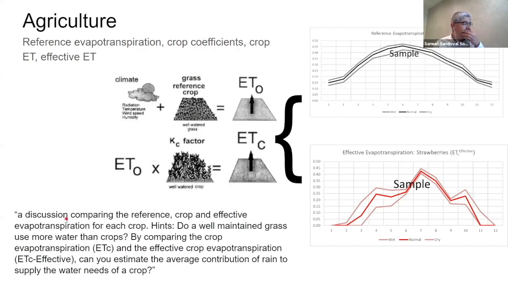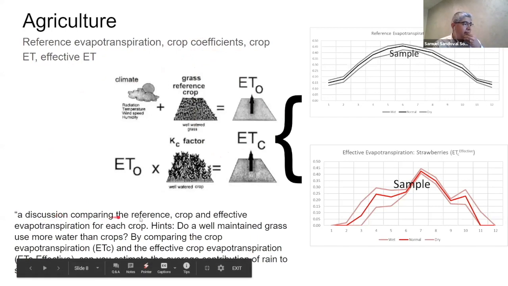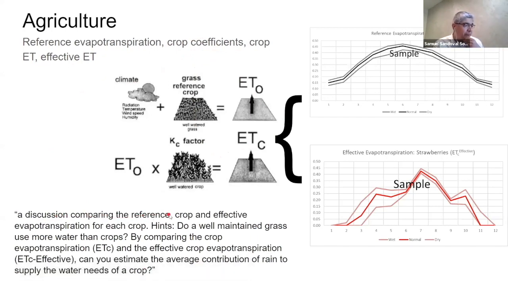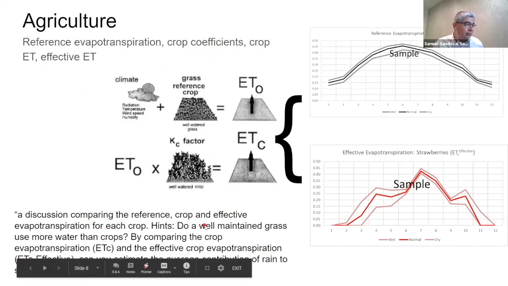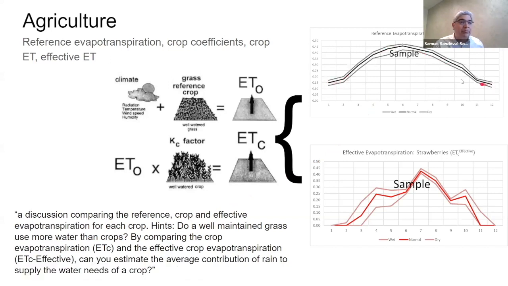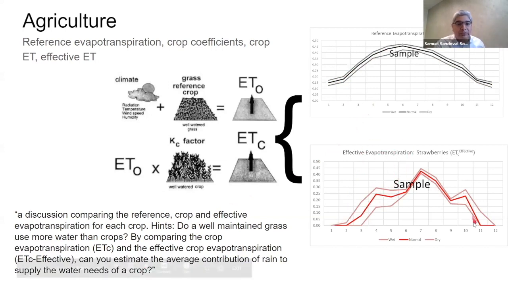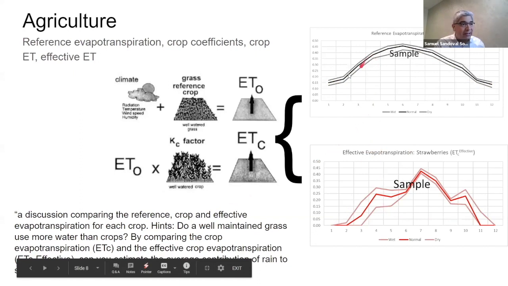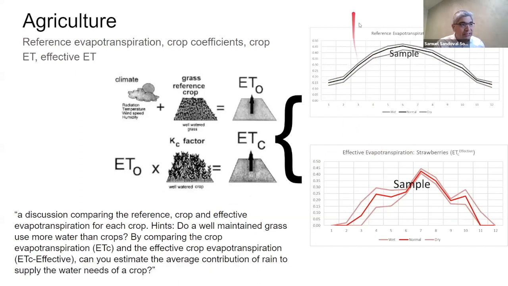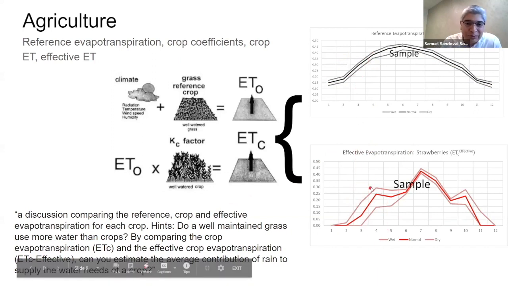So for instance, we ask them to compare the reference versus the crop and effective. Here, well-maintained grass uses more water than crops. This will be one of the graphs for the reference evapotranspiration, and this is the effective evapotranspiration of strawberries. Basically, in parts of the year the reference grass uses more water than the strawberries.